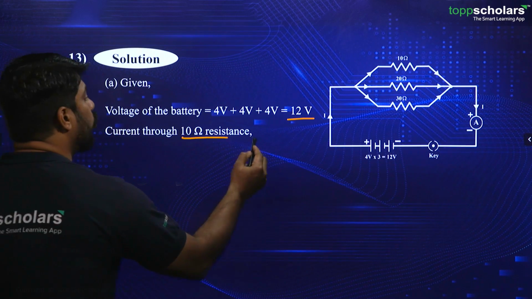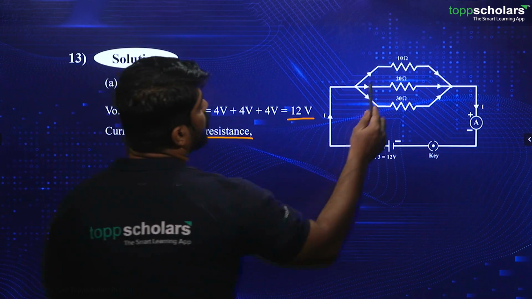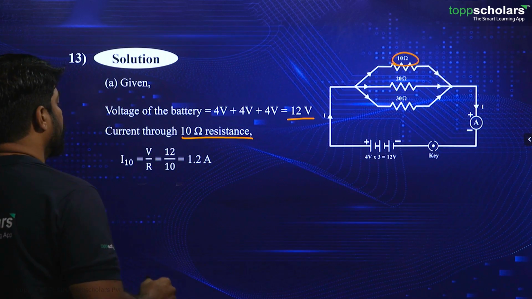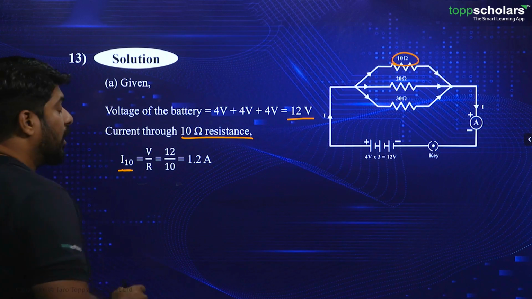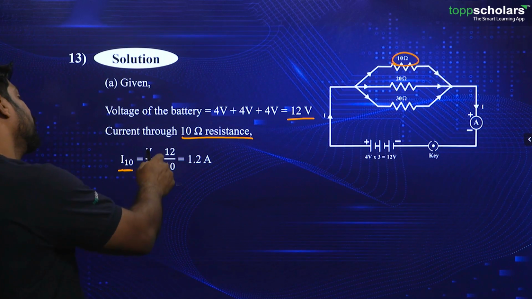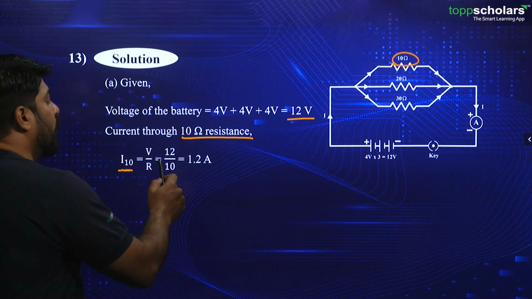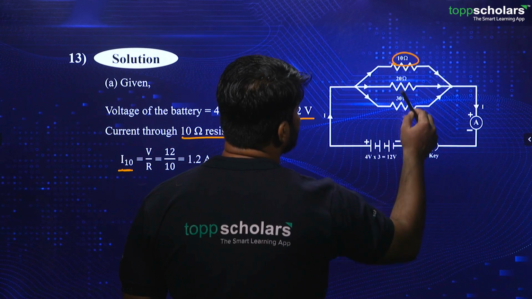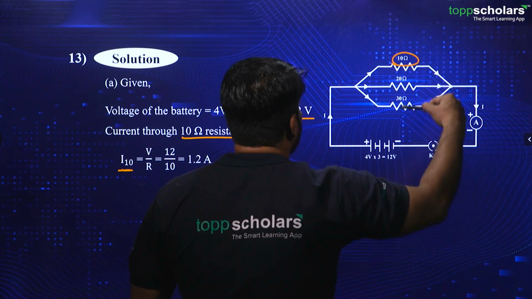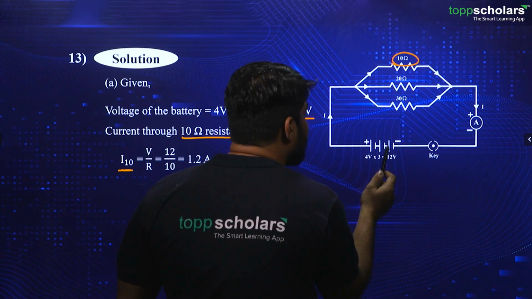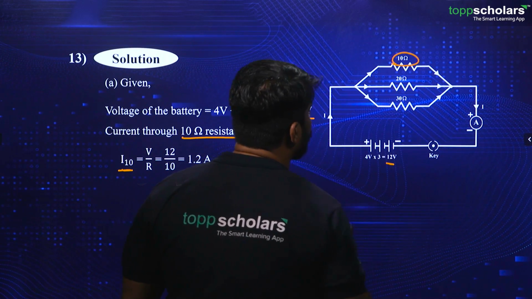Current through 10 ohm resistance. First is the 10 ohm resistor. We will write it as I10 for the 10 ohm resistor. It is equal to V upon R. V is 12, R is 10. As we can see here, this is a parallel combination. In a parallel combination, each resistor will get the same voltage, that is 12 volt.